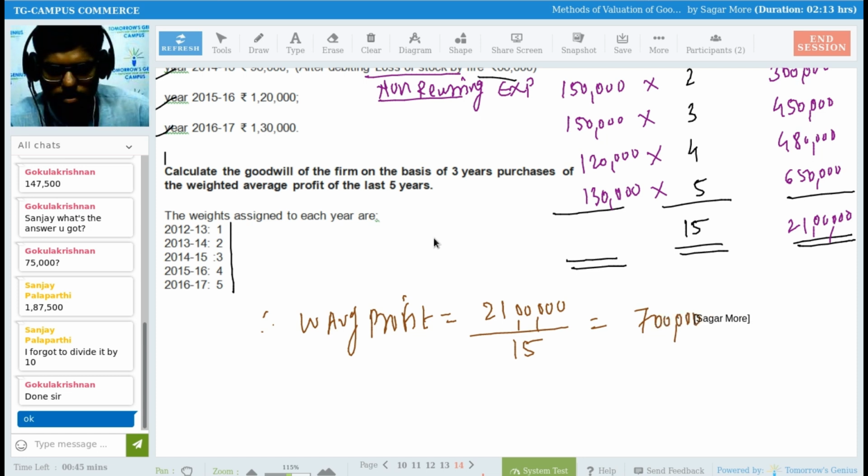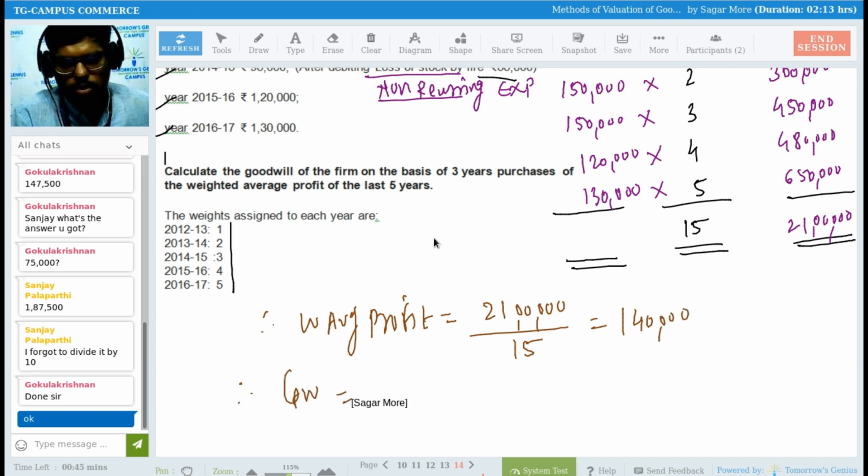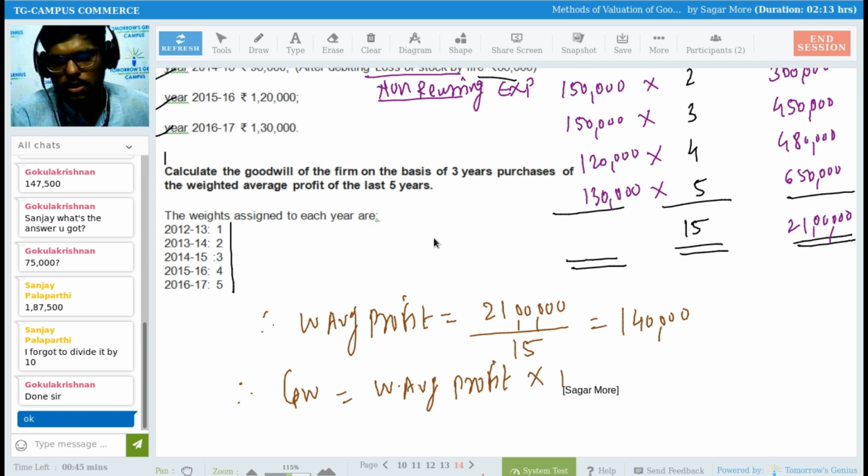Is it correct? 1,40,000 is the correct answer. No issues. Therefore, goodwill is equal to weighted average profit multiplied by the number of years of purchase.